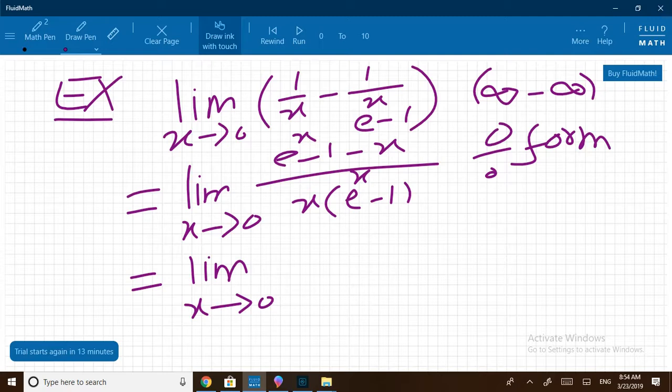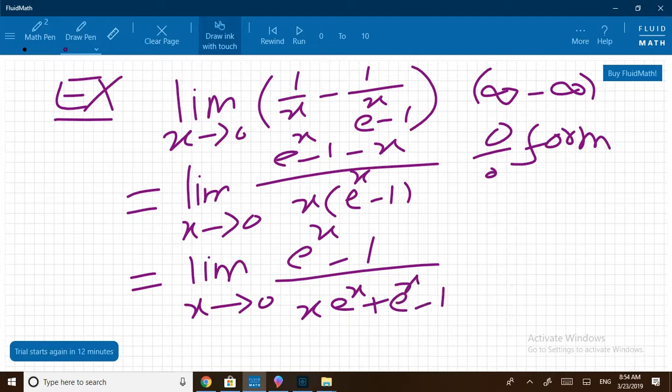The derivative of the numerator is e raised to the power x minus 1, divided by x e raised to the power x plus e raised to the power x minus 1. If we put the limit, it is again 0 divided by 0 form.